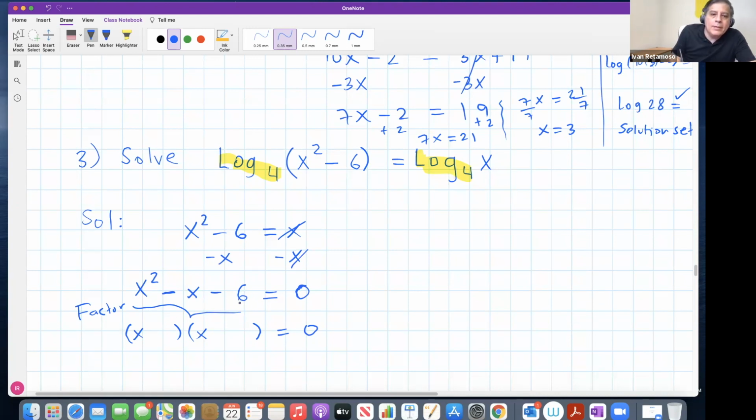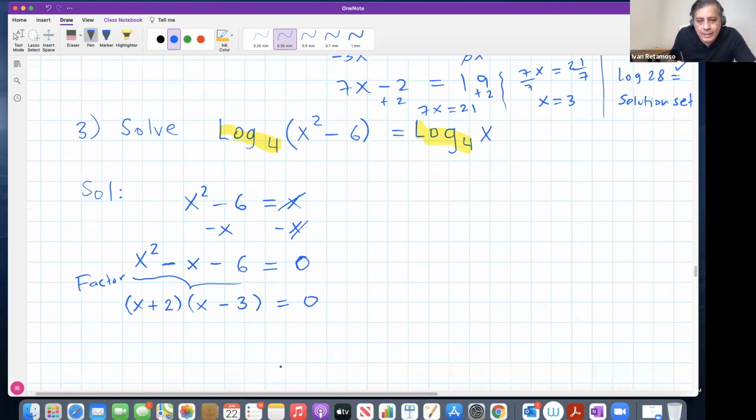Two numbers whose multiplication is 6 and whose sum is -1, with an invisible 1 here. After some trial and error, you will find out that those numbers are 2 and 3. You want the sum to be -1, so the dominant sign should be this. It's plus, this is what we get. Next, we set each of these factors equal to 0.